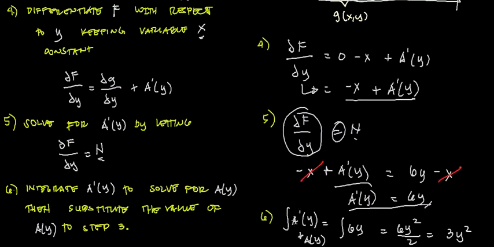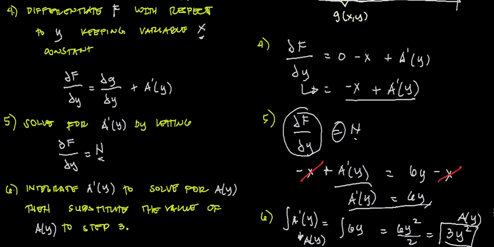Since this is in the form of a derivative, if we take the antiderivative, then we have here the A(y) only. The integral of A prime of y is A(y). So this answer here is our A(y).